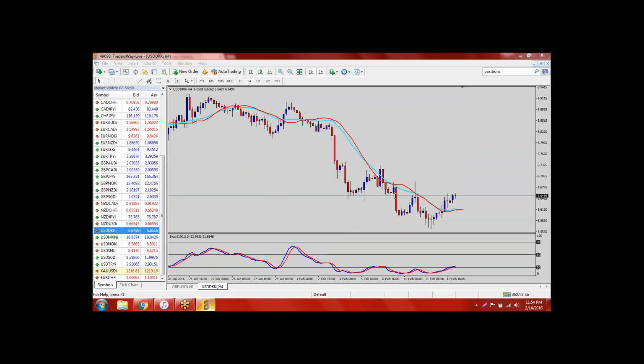Would you recommend combining stochastic with Bollinger Bands? Okay, so Eric, to answer that question, there's a lot of good indicators out there, and you can really master a lot of them. However, what many beginner traders do is they fill up their whole entire screen with 3, 4, 5 different indicators, and it really gets overwhelming.